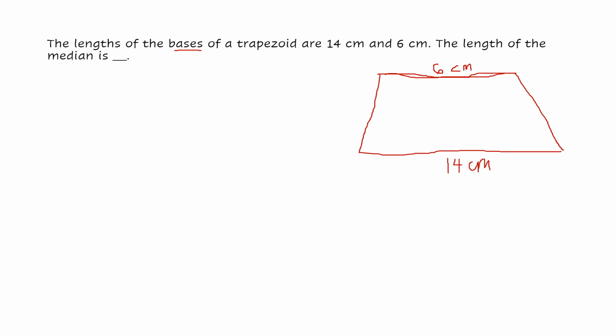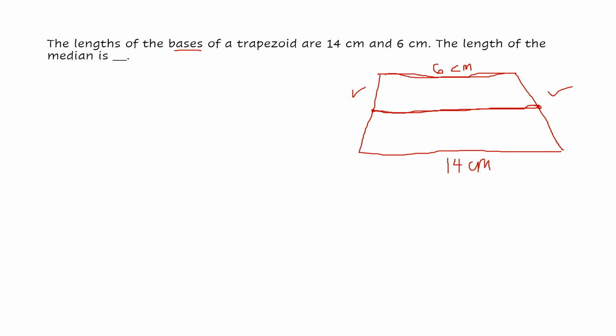Remember that the median is the line segment that joins the midpoints of the non-parallel opposite sides of the trapezoid. So let's just assume that this one is the median, and it joins the midpoints of the left side and the right side.